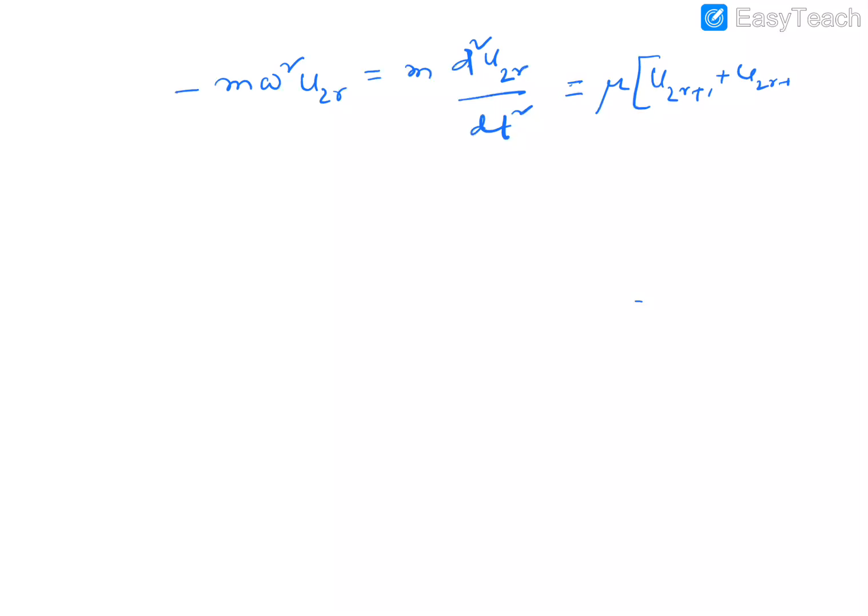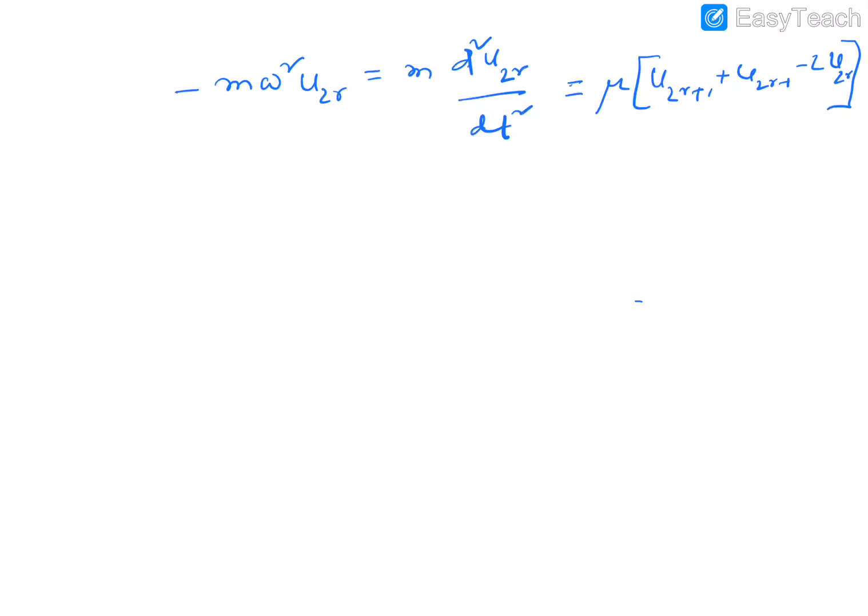So then the force equation, as we have written earlier, would be given by: minus M omega squared u_2r, which equals M d²u_2r/dt², which equals beta times (u_2r plus 1 plus u_2r minus 1 minus 2 u_2r).